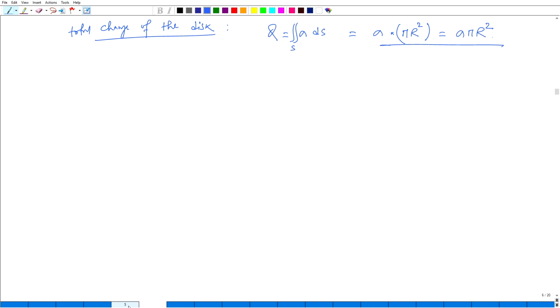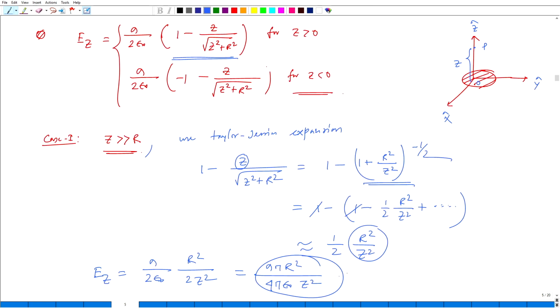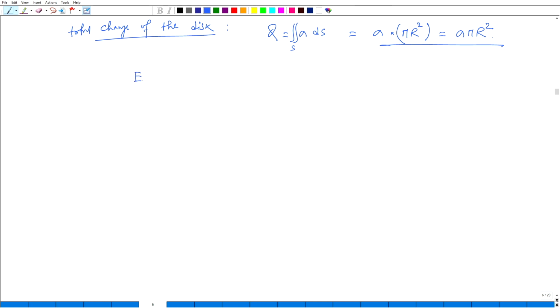Now if we plug this into the expression for Ez, equation 1, we get Ez becomes 1 over 4 pi epsilon naught times Q over z square. So, this is exactly the electric field due to a point charge with charge Q. That is expected.